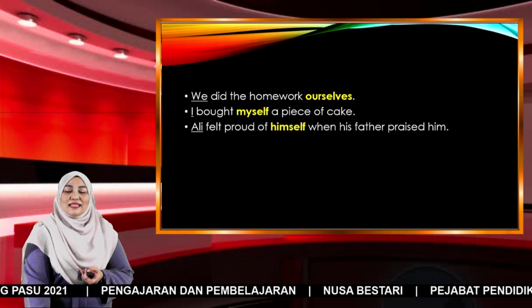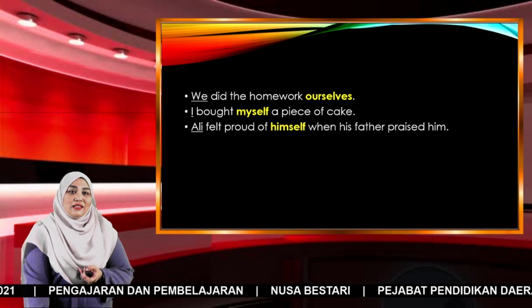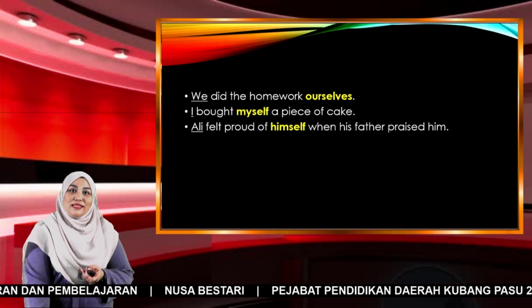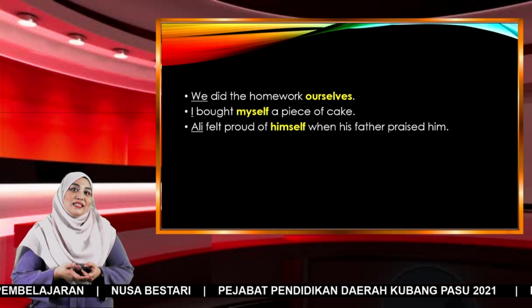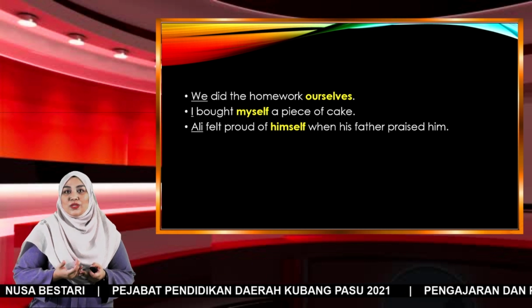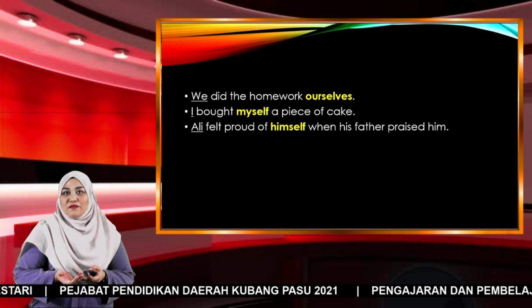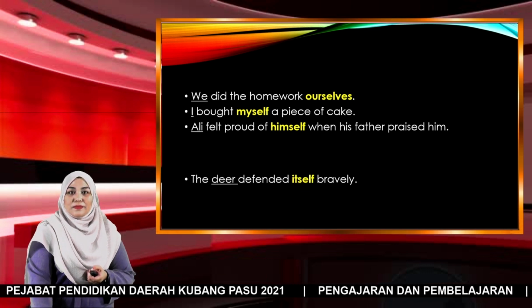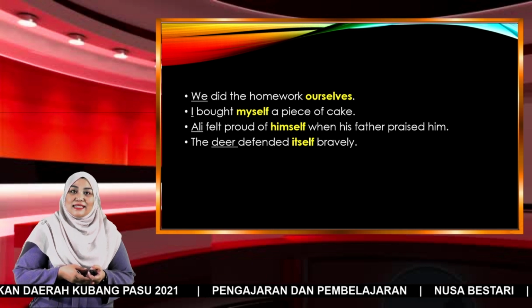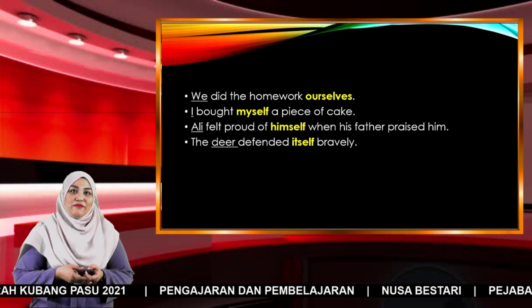Next, Ali felt proud of himself when his father praised him. Ali is the subject. As Ali is a guy, we choose himself for this sentence. The deer defended itself bravely.